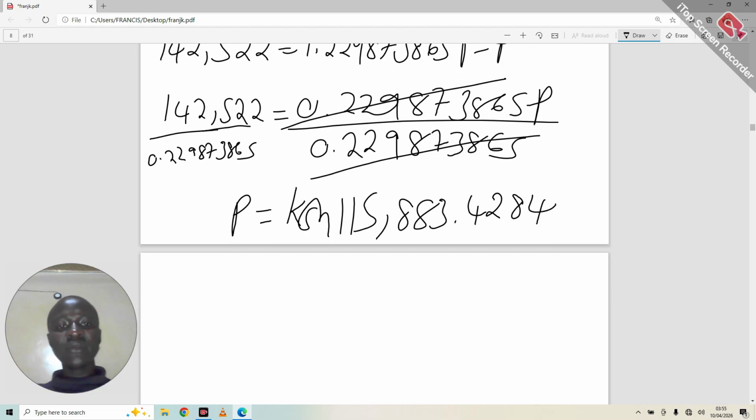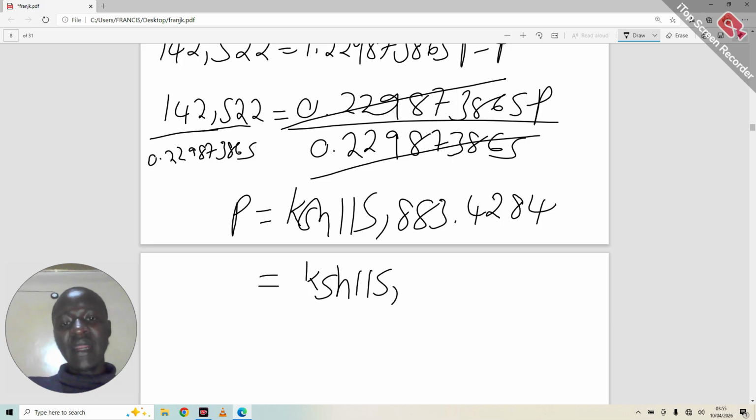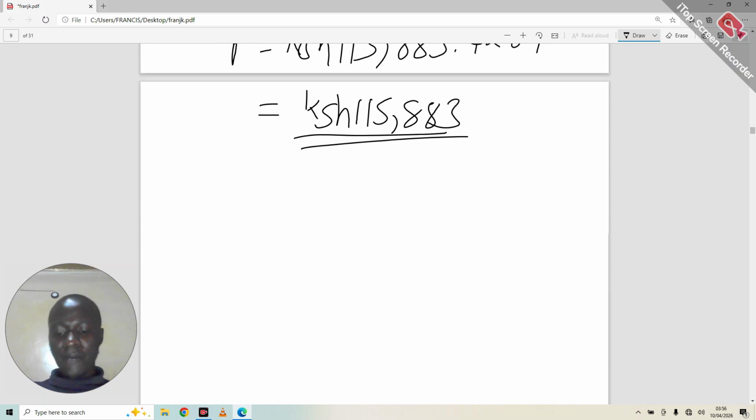Remember, cash is never left in that format. It's either to the nearest whole number or one or two decimal places, but I recommend having it to the nearest whole number. So that is our answer for that question.